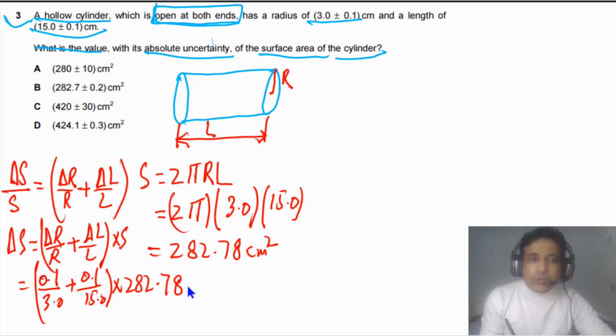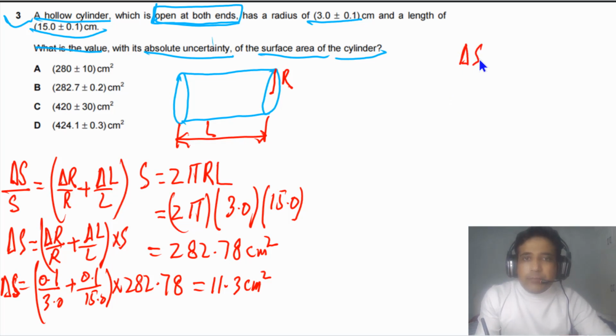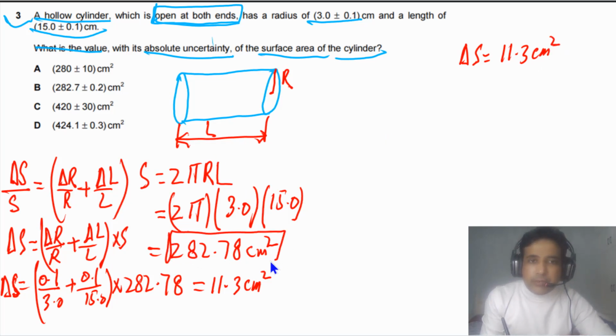Now if we solve this, we will get delta S is equal to 11.3 centimeters square. So this is the absolute uncertainty in surface area, delta S. So we can rewrite here, delta S is equal to 11.3 centimeters square, and this is the value of S.